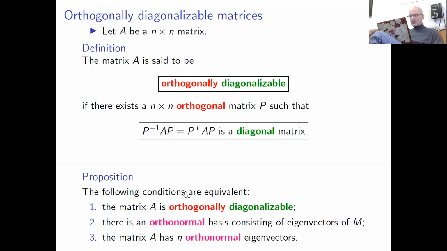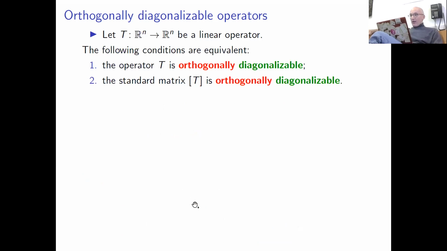So we're going to use it in order to prove the main theorem of this lecture. Another link we need between matrices and linear operators with regard to this topic is that the operator T is orthogonally diagonalizable if and only if its standard matrix is orthogonally diagonalizable.